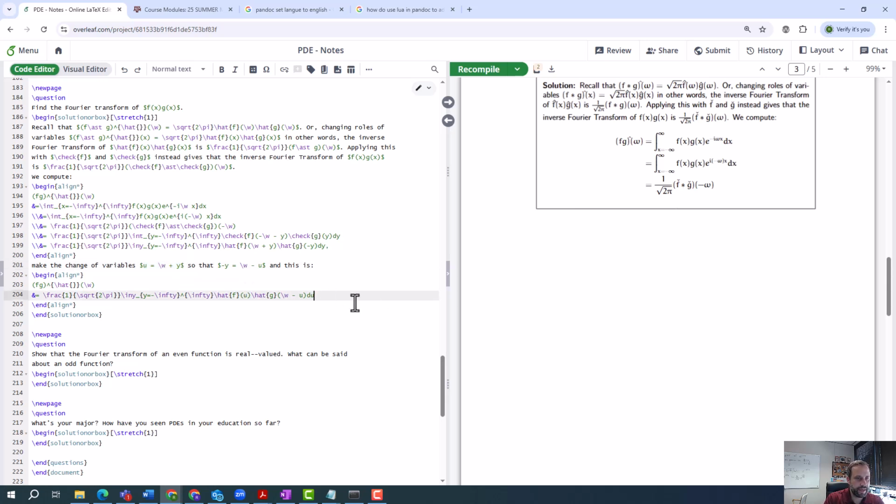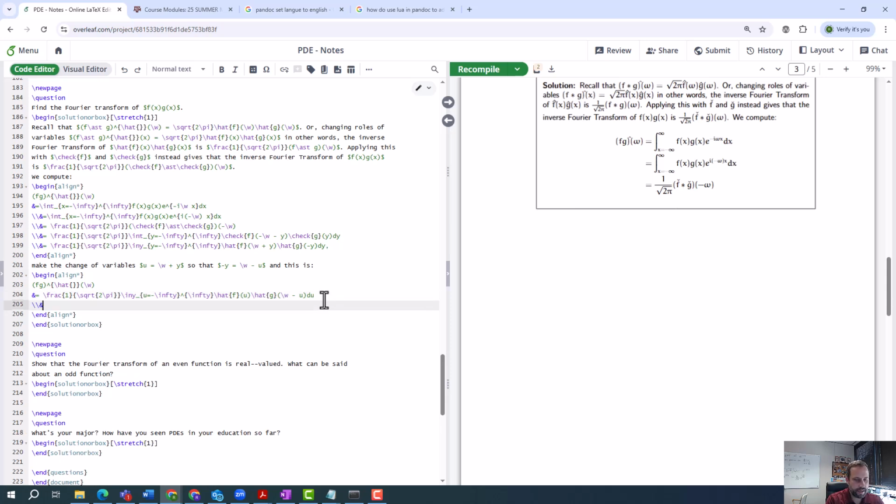So this is going to be a du here. And then my limits are still going from minus infinity to positive infinity, but we have a u here instead. And then this is just exactly equal to this times the convolution of f hat and g hat evaluated at omega. Sorry, not f and g, f hat and g hat.